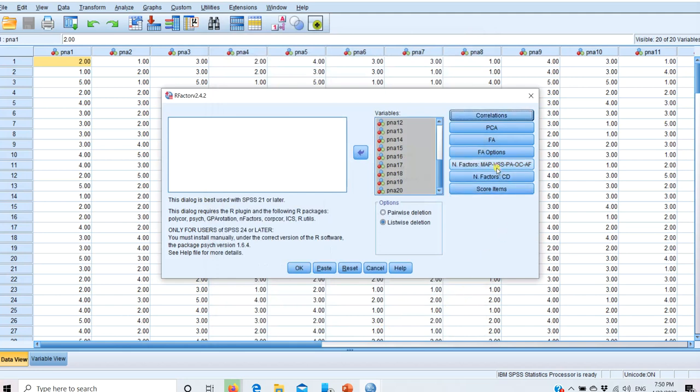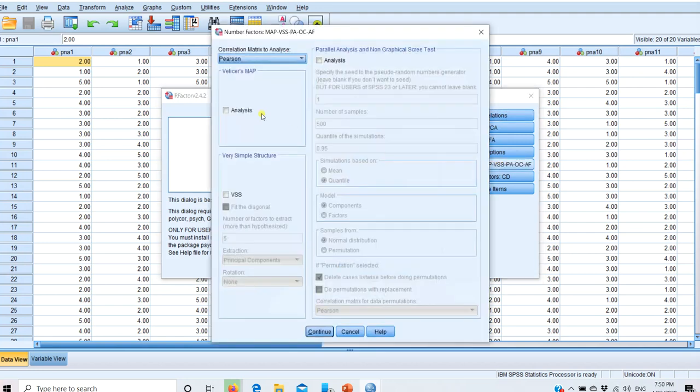Here we will go for only two procedures. The n factor solution. Here I am selecting Pearson, but if you are using polychoric, you can use polychoric. This is Velicer's MAP, I would like to do, so I have selected it. This is VSS, very simple structure, I have selected.